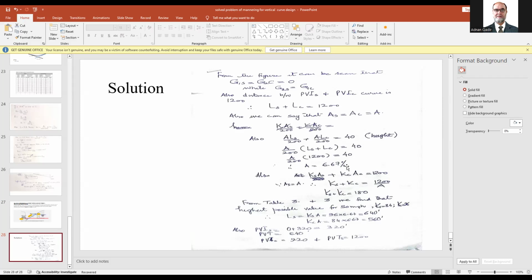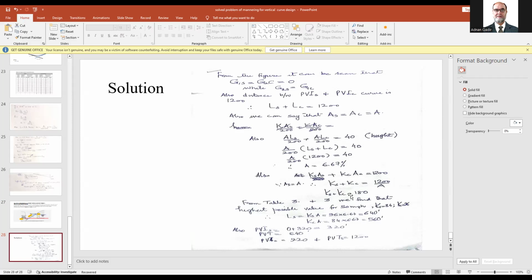Once A is known to us, we know that LS plus LC is equal to 1200. We also know that LS is nothing but K times A, and LC is also K times A. So we can say KS times AS plus KC times AC is equal to 1200. But since A is the same, Ks plus Kc is 1200 over A.